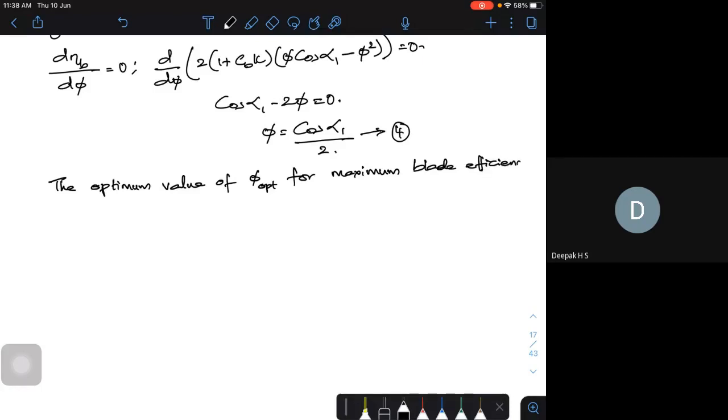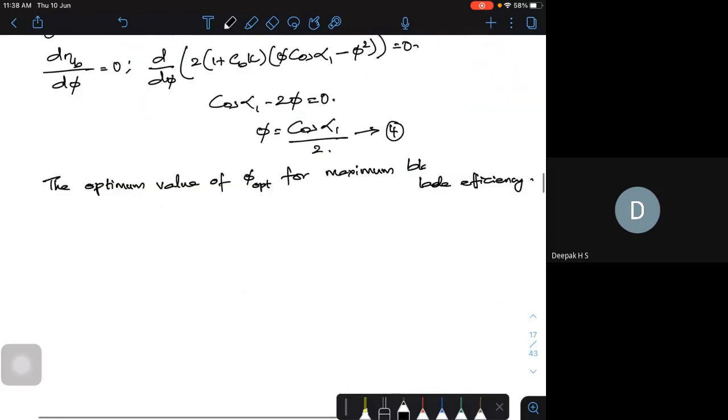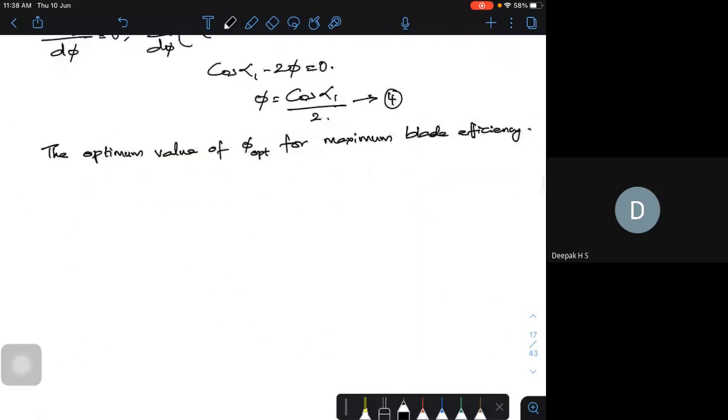Now what should I do? I should go and substitute this phi in equation 3. Therefore, substitute for phi in equation 3.